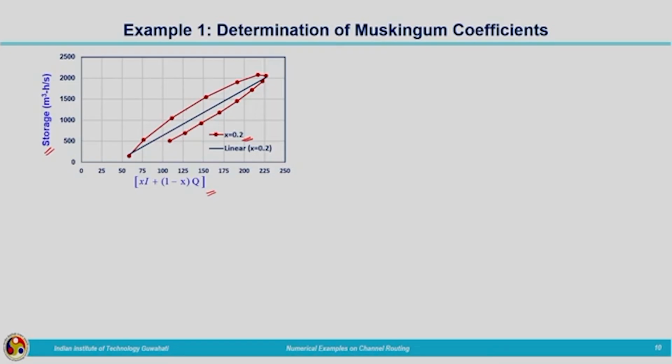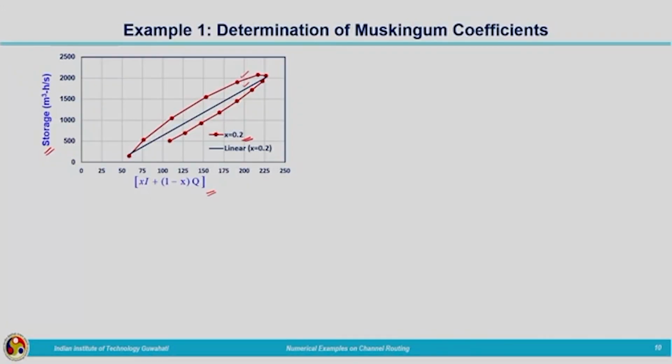So, here you can observe that so much of difference is between this loop and the straight line. Just we have fitted a straight line through the data points, but it does not mean that we can replace this loop by means of this straight line.